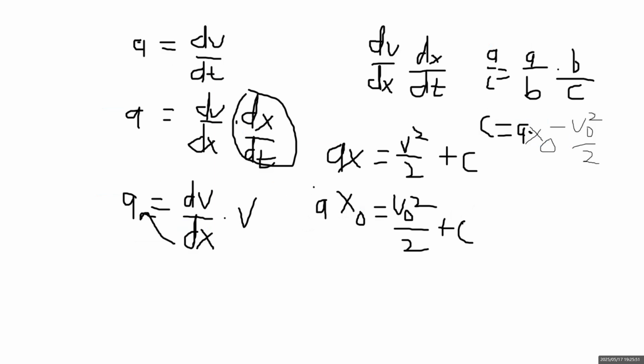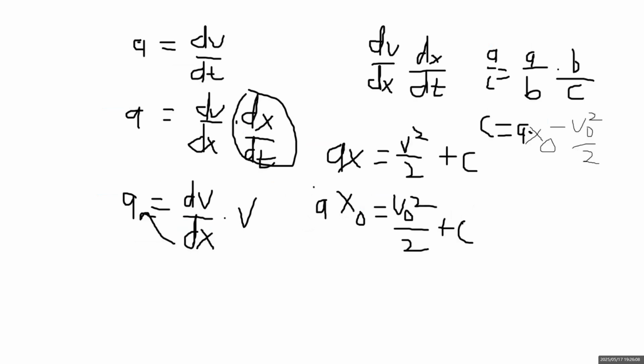Okay? Now we plug this back into this equation here. ax equals v squared over 2 plus c, which is a x naught minus v naught squared over 2.